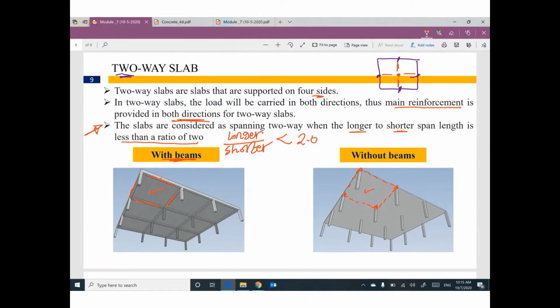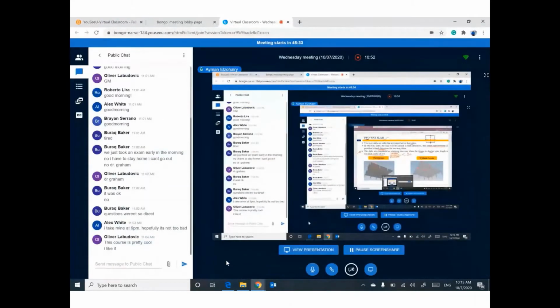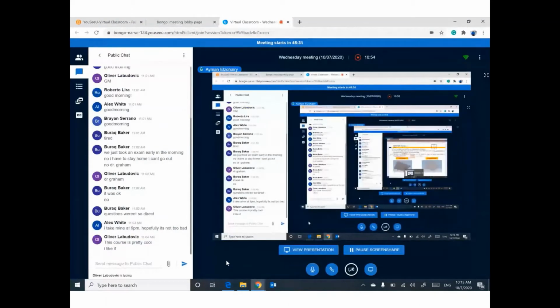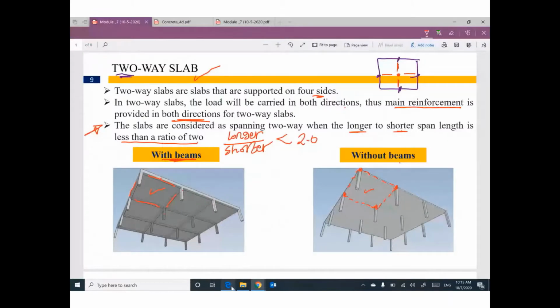So we have two-way slab without beams. Any question so far? We need to understand what is the meaning of this concept. Very important.